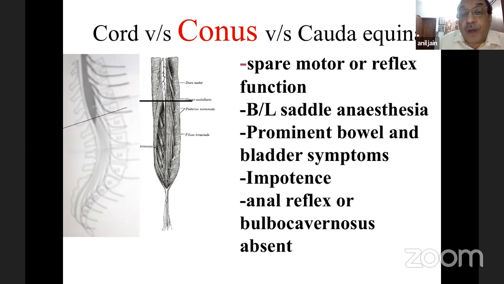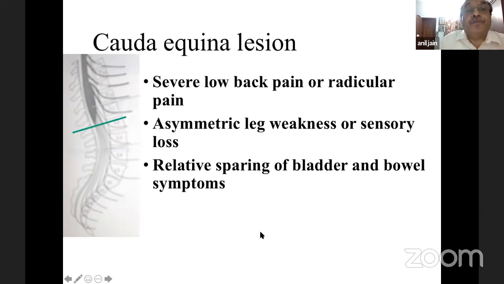Anal reflex or bulbocavernosus will be absent, because these segments S2, S3, 4 are the root values of the anal reflex and bulbocavernosus. So that's how the conus will be different from cord affection and the cauda equina, because in the conus there will be a sparing of some motor reflex function, a bilateral saddle anesthesia, prominent bowel and bladder involvement, impotence, and the anal reflex or bulbocavernosus will be absent.